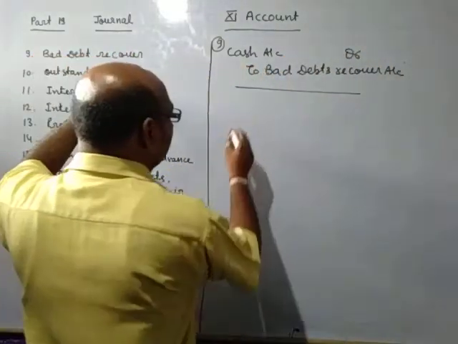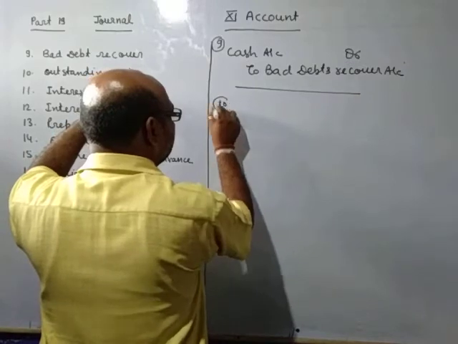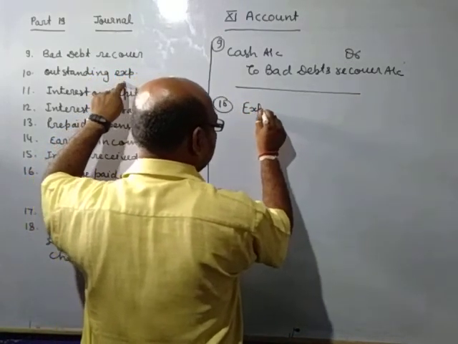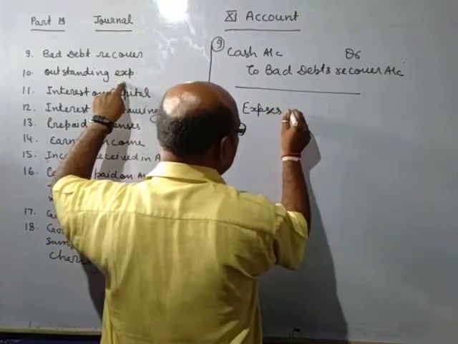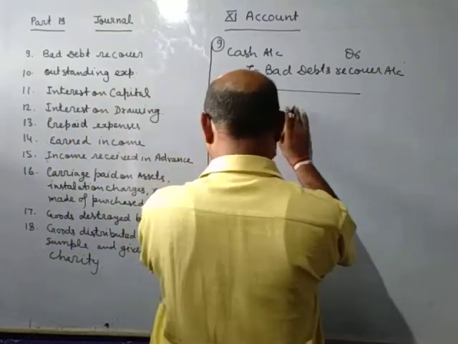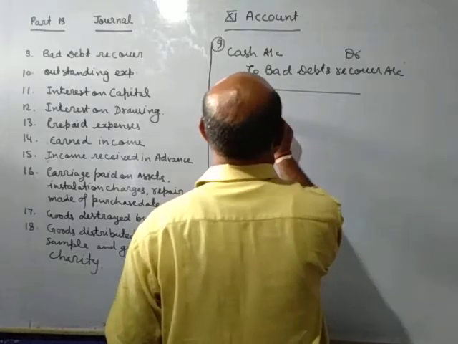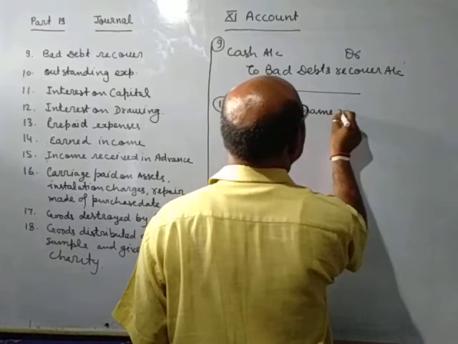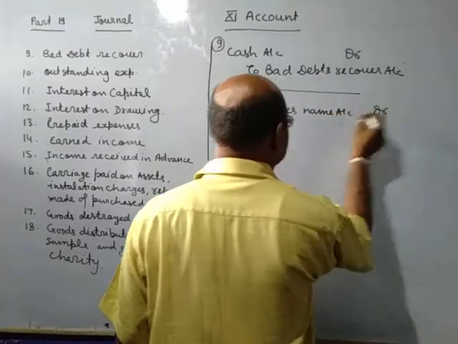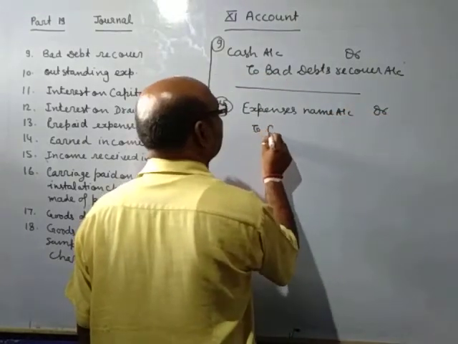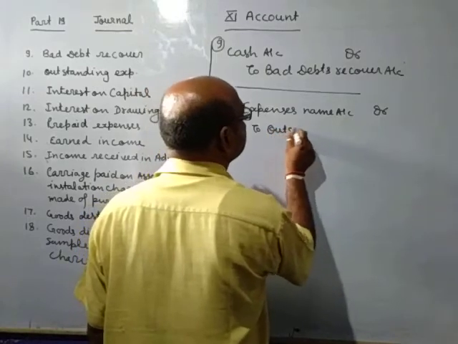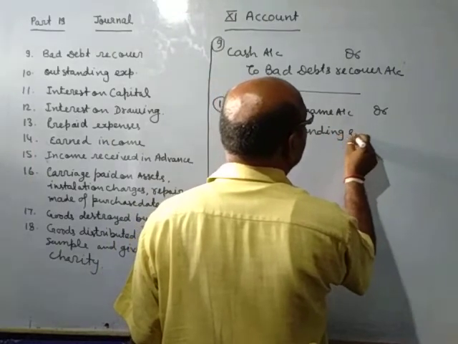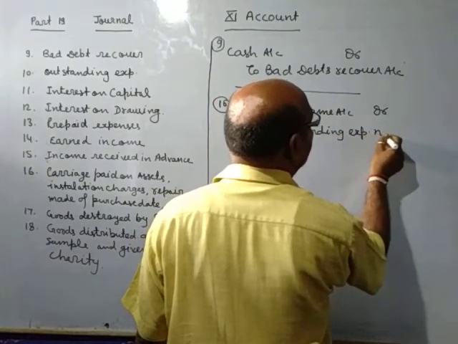So you will pass the entry for this expense: expenses name account debit to outstanding expenses name account.